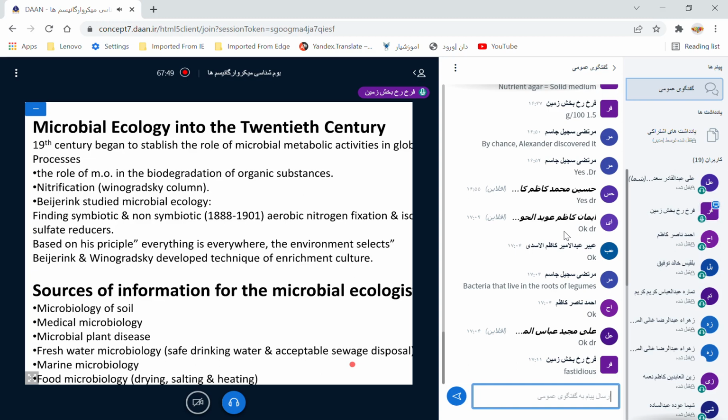For example, there is a sewage full of bacteria. First, which bacteria are there? Second, which bacteriophages or viruses can kill those bacteria? And how can we use them? We should reduce the bacteria and then send it to the environment.